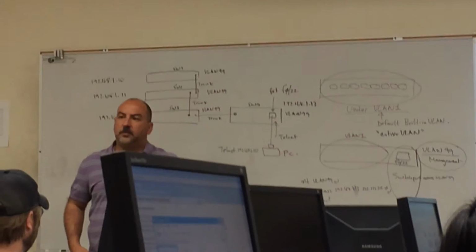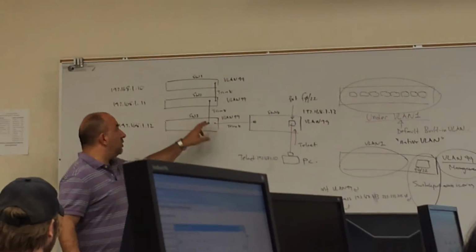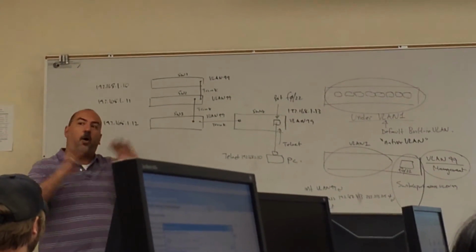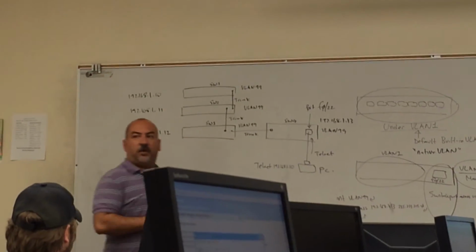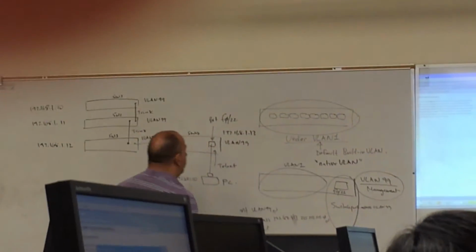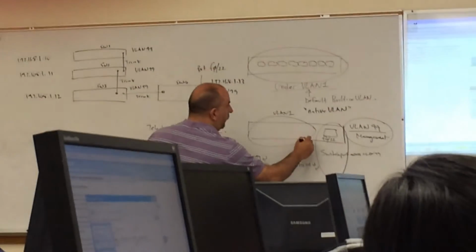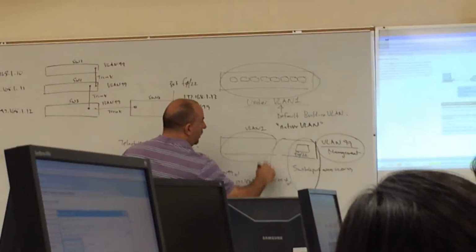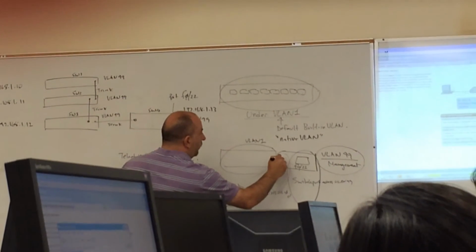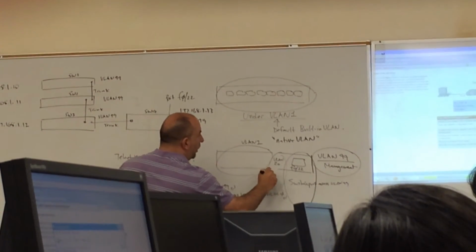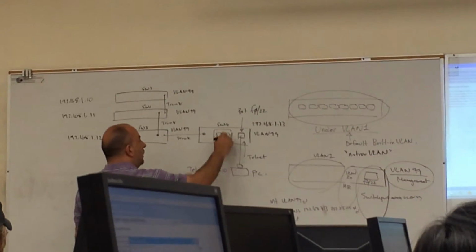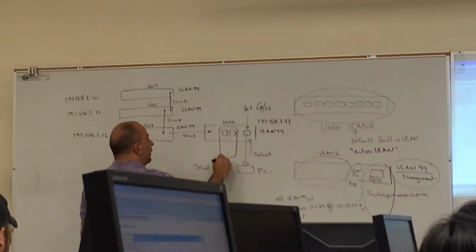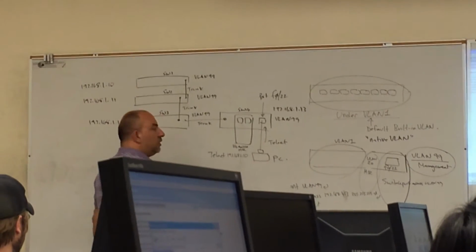Aren't you talking between different switches over trunk ports? Yes, that trunk port will carry all the traffic. So let's say, for example, if I have another VLAN, VLAN 20 HR. So I have 2 ports in here in VLAN 20, which is HR.